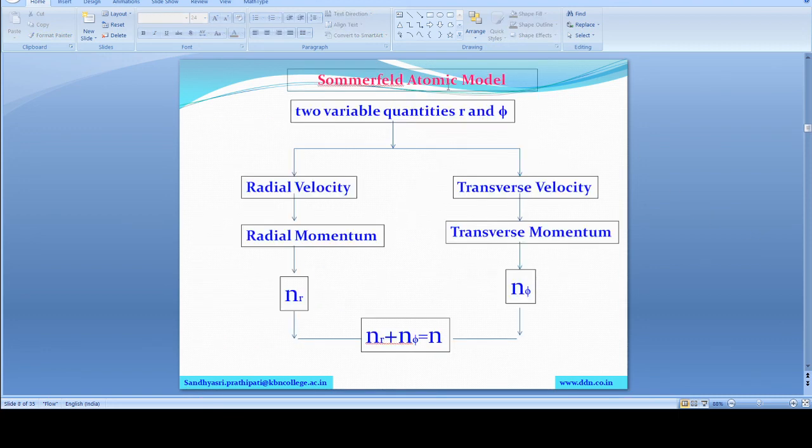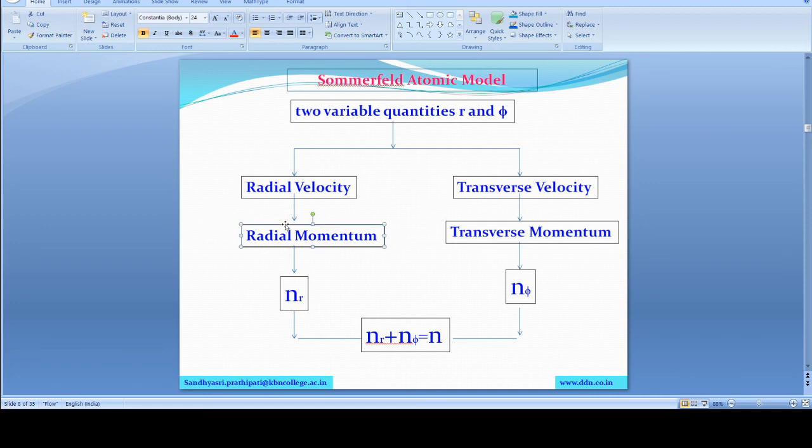Sommerfeld atomic model. There are two variables required to describe the position. I have already told, those are r and phi. Because of these two variables, the electron has radial velocity as well as transverse velocity. Because of radial velocity, it gains radial momentum. Because of transverse velocity, it gains transverse momentum.